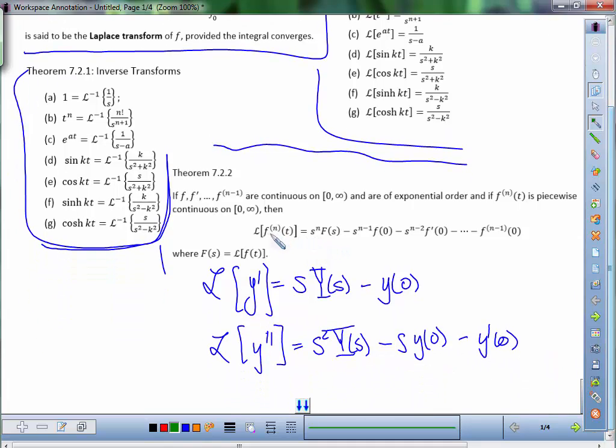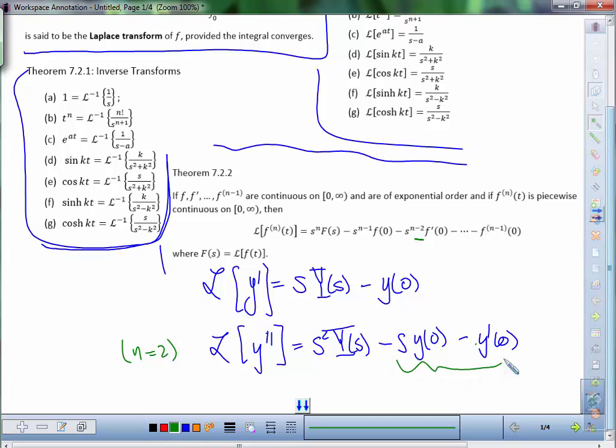If you have the nth derivative of f, like the second, when n is equal to 2, then this would be s squared times the function in s, minus s to the 2 minus 1, which is s to the first power, times this, and then the next term would be s to the 0th power times this.